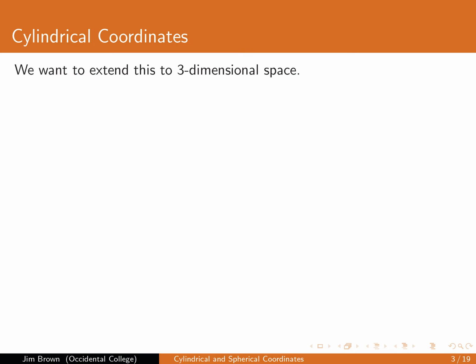So now we're going to take these polar coordinates and extend them into 3-dimensional space. See here, we still have this triangle at the bottom. This is in the xy plane. So we go x units over and y units up. And notice our point here is given by x, y, z. In this case, x is r cosine theta, y is r sine theta, and z is 0 because we're in the xy plane.